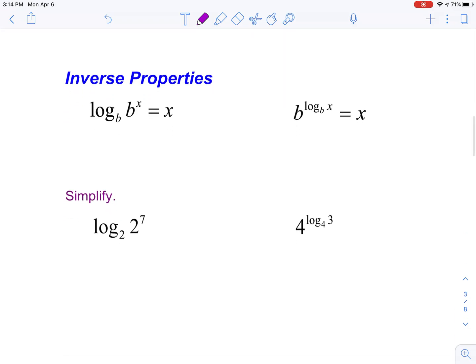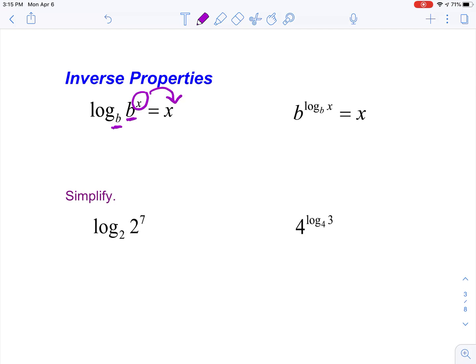All right, so today we're going to look at inverse properties. Our first property that you need to be familiar with is log base b of b to the x equals x. What this is saying is if my base for my log and my base for my exponent are the same, my answer will come out to be whatever is in that exponent.